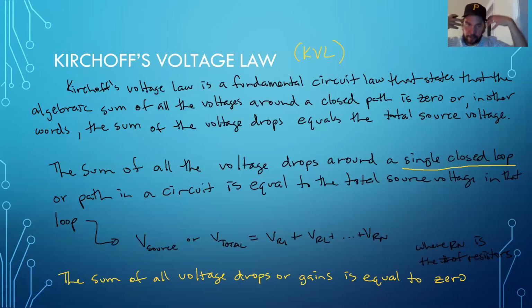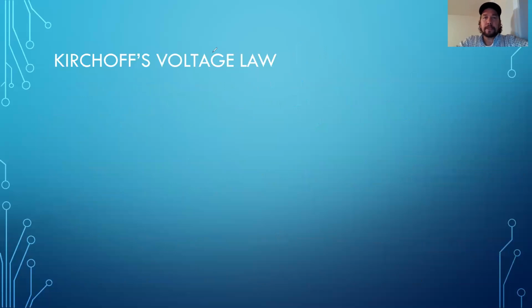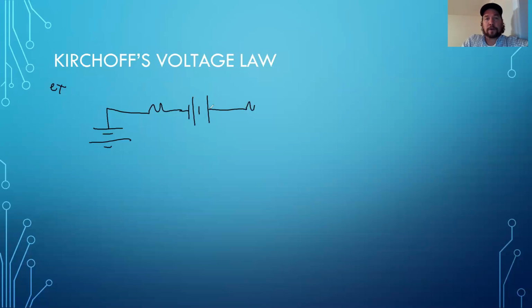Okay, so to solidify that idea, let's look at an example. Let me clear this. And again, if you missed any notes, pause the video and just go back, right? So let's draw up a circuit, and I'm definitely going to put multiple sources in here now just to prove that it all works out and everything works the way we expect it to work because of this fact, this truth.